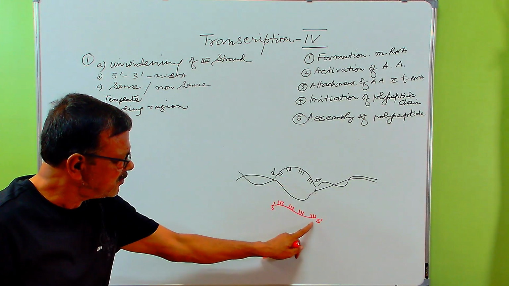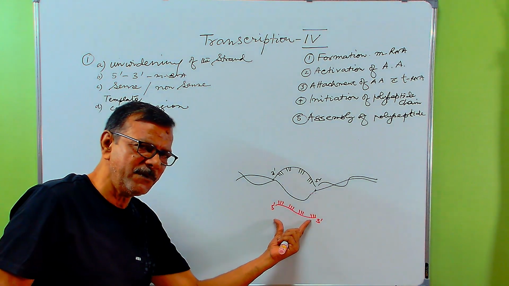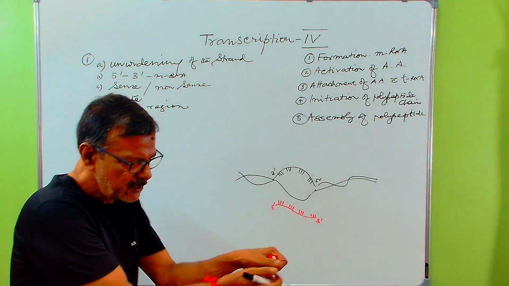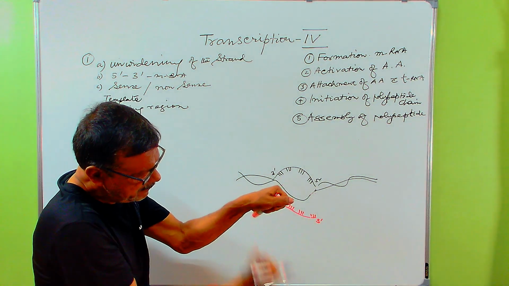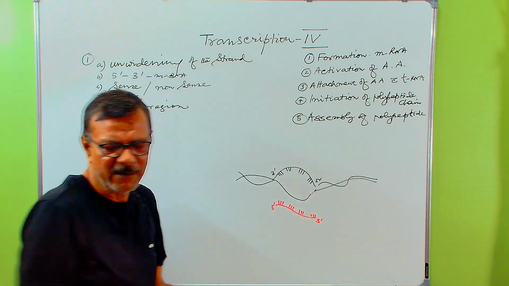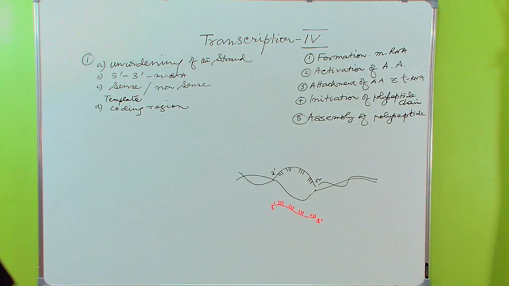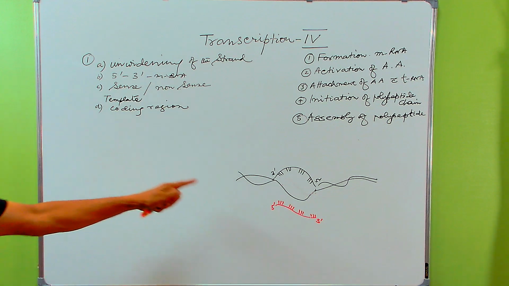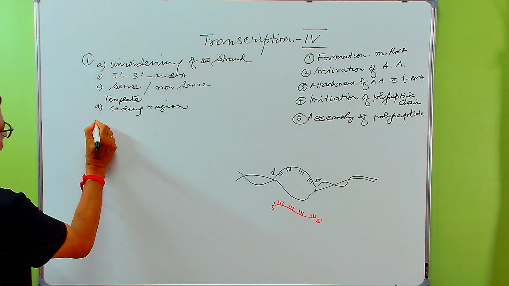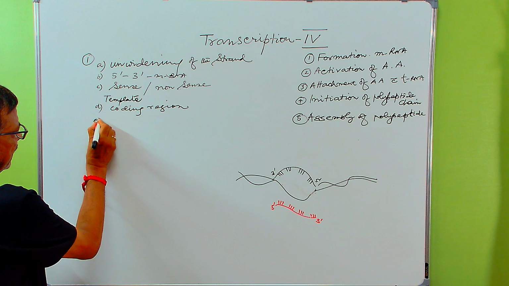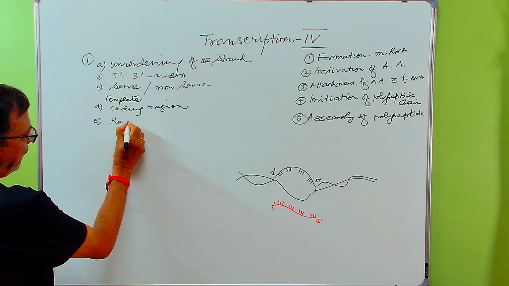After this short piece is formed from the DNA, the DNA opens, produces the mRNA and recoils again. So we should write that as soon as the mRNA is formed, there is recoiling.